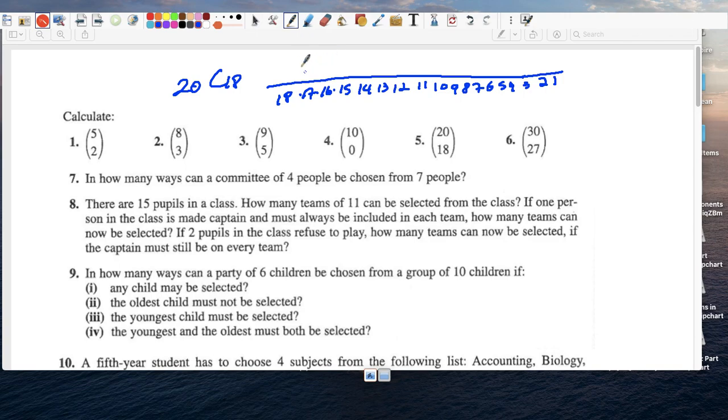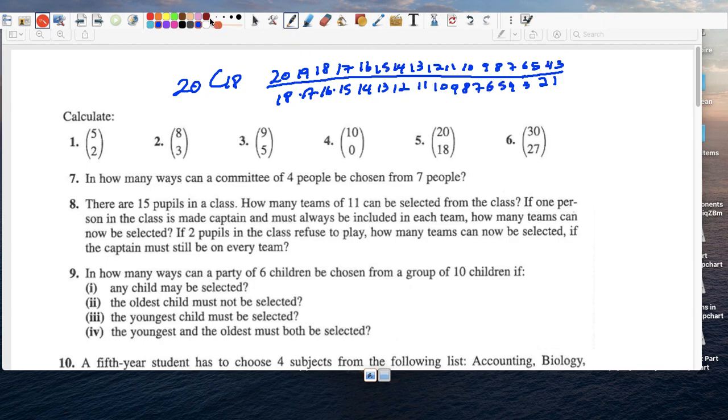At the bottom, we're going to go 2, 3, 4, 5, 6, 7, 8, 9, 10, 11, 12, 13, 14, 15, 16, 17, 18.